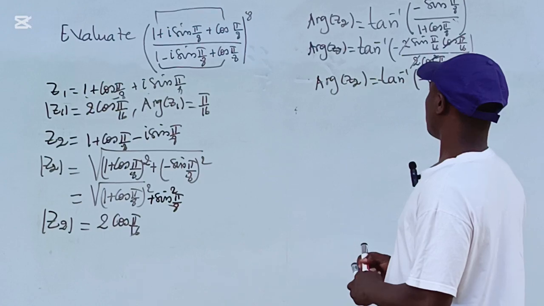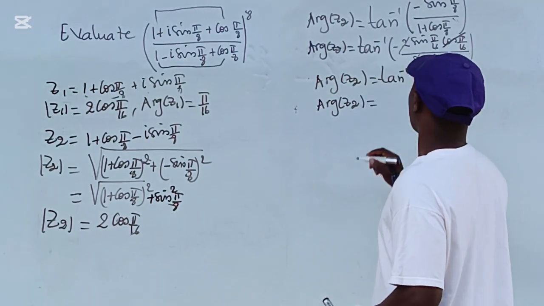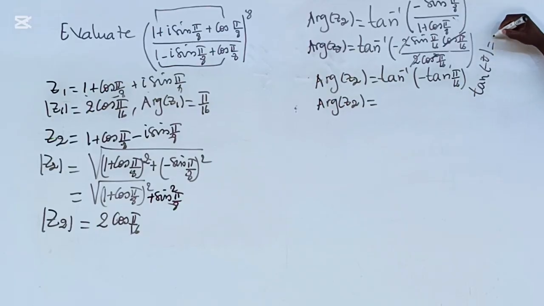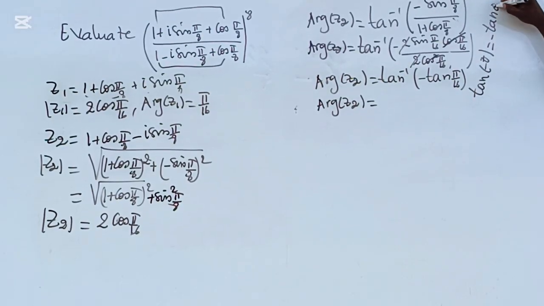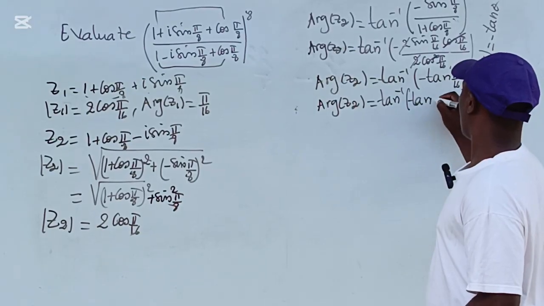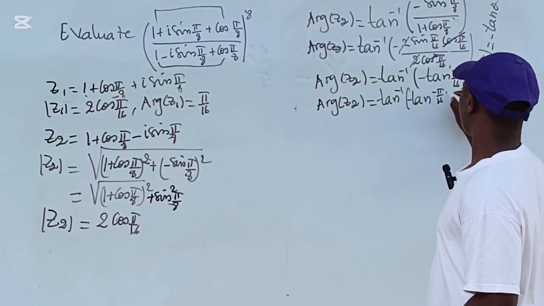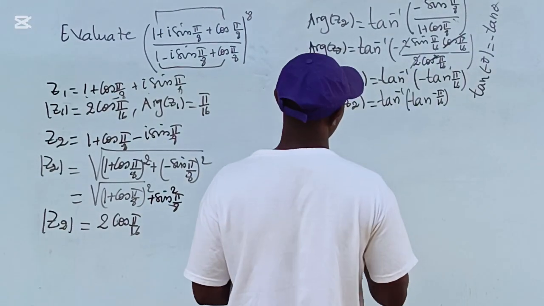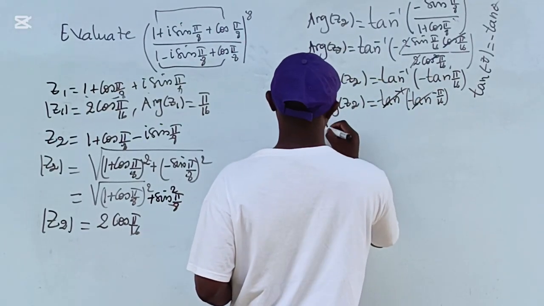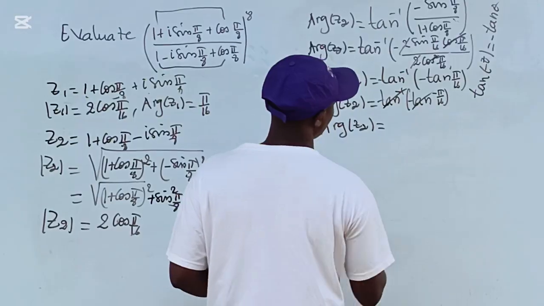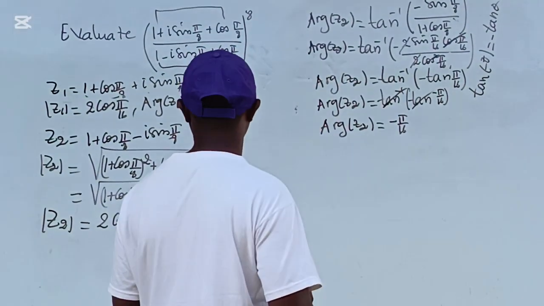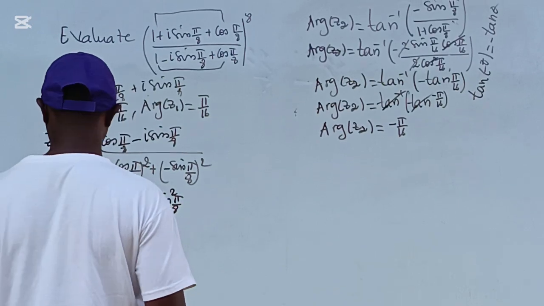So z2 is, we know, tan of minus theta is minus tan theta. So this is an inverse of tan minus pi by 16. Okay, so we need to simplify this tan inverse and this tan to stay with the argument of z2, which is minus pi by 16. Let me write it here.